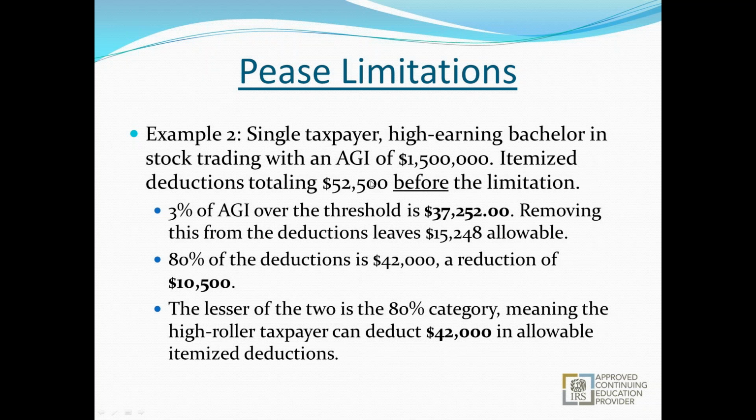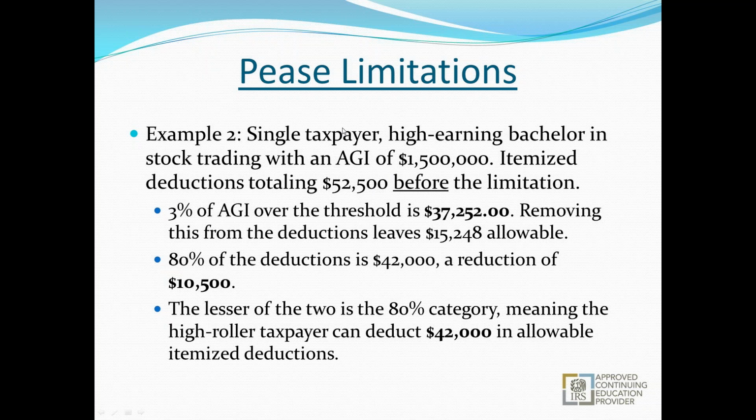If we take that away, we're looking at him only getting 15 grand, $15,248. 80% of the deductions is $42,000, which is a reduction of $10,500. Obviously, losing $10,500 is less of an effect than losing $15,000, so he's going to be in the 80% category instead, so he can deduct $42,000 flat in itemized deductions on his particular return.